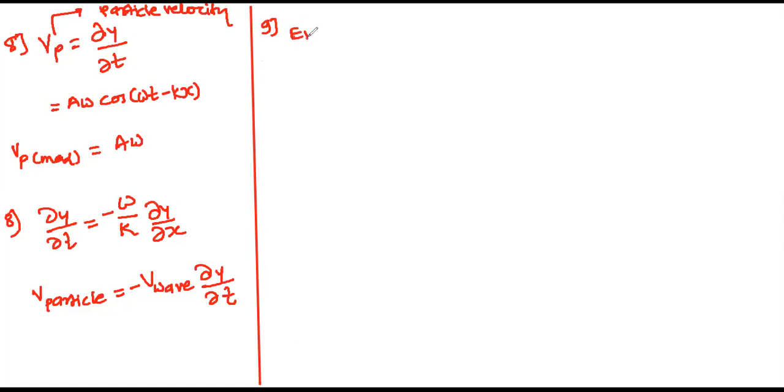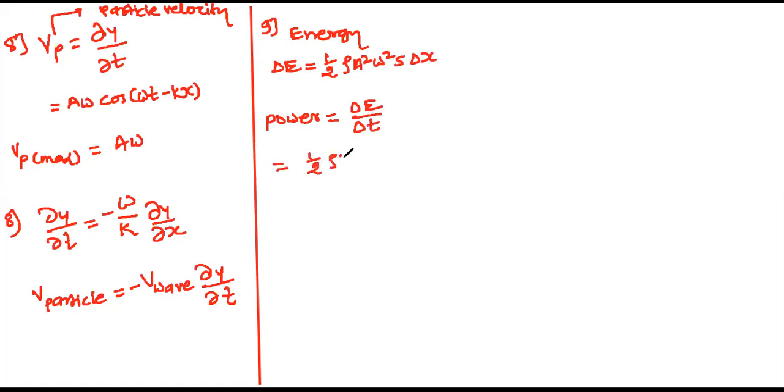So energy ΔE is equal to half ρ A² ω² S into ΔX. Next is power. Power is equal to ΔE by ΔT. We know energy by time. So this is equal to half ρ V ω² A² into S.